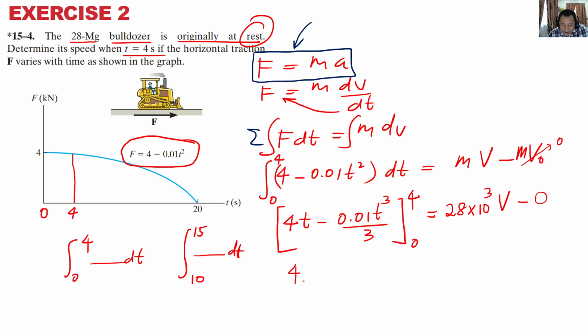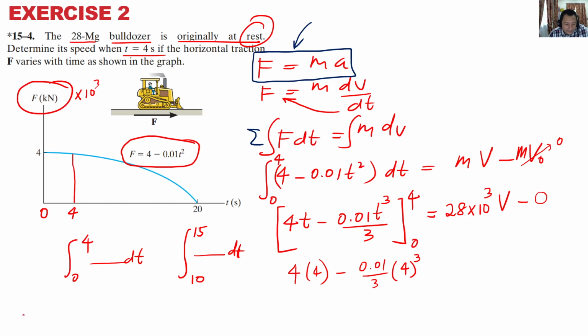So 4 times 4 minus 4 cube. One thing for sure that I've forgotten is this one. This is kilonewton, so you have to be careful. This is 10 to the power of 3 already.